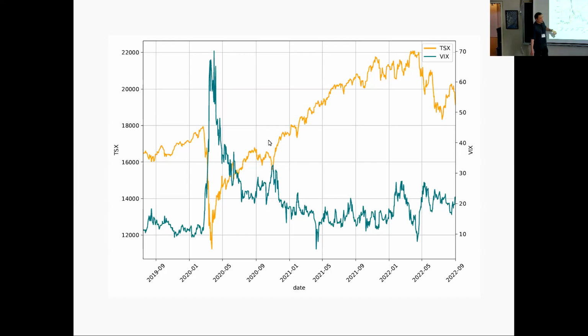Although the VIX Index is for the US market, these two markets are highly correlated and it is also a very good indicator for Canadian volatility. And we see that before the COVID crash, the volatility is relatively high and the index is relatively high. And all of a sudden, the index dropped and the volatility went up. And gradually they fall back to the original level.